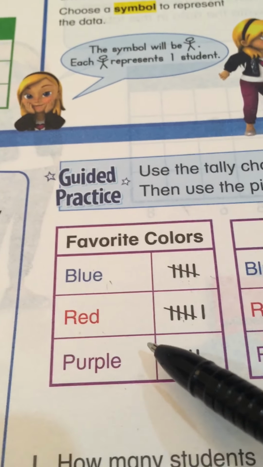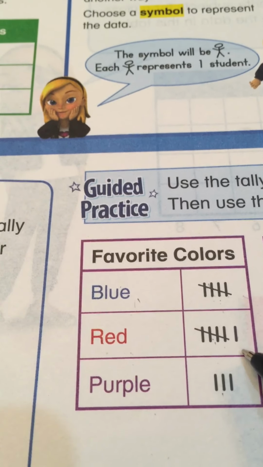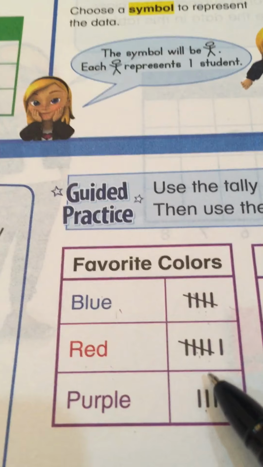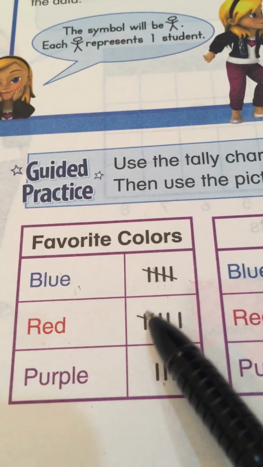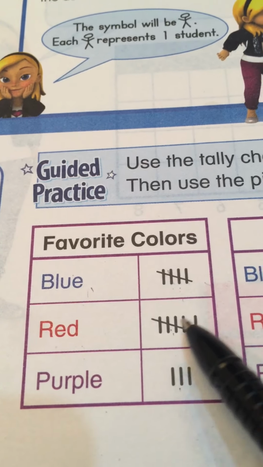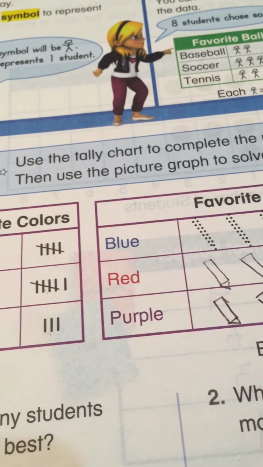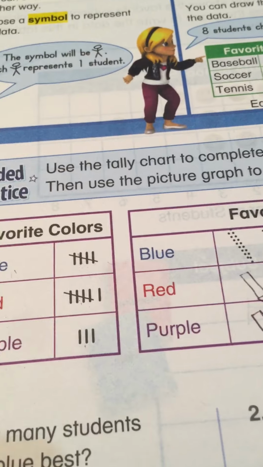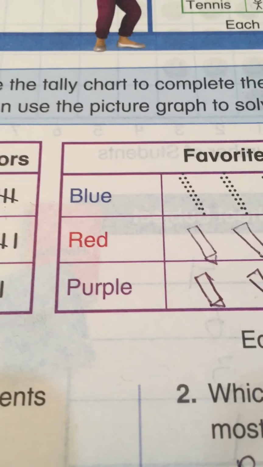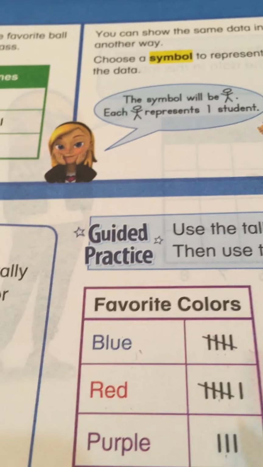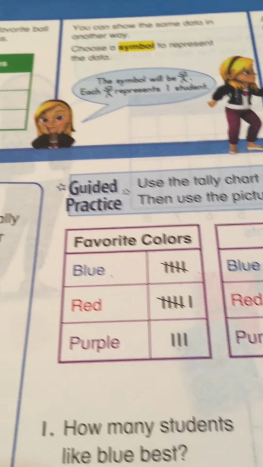How many students like red? We have 6. And how many like purple? The most is the one that has the biggest number. So that's 6. That means red is the favorite color of most students. So we will write down here red. The red color is the color that has the most student votes.